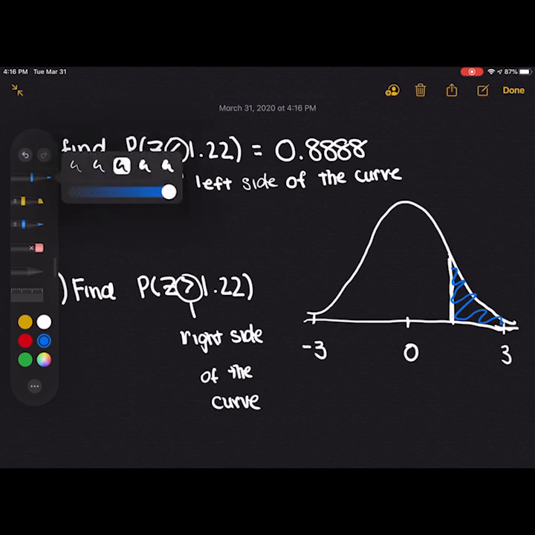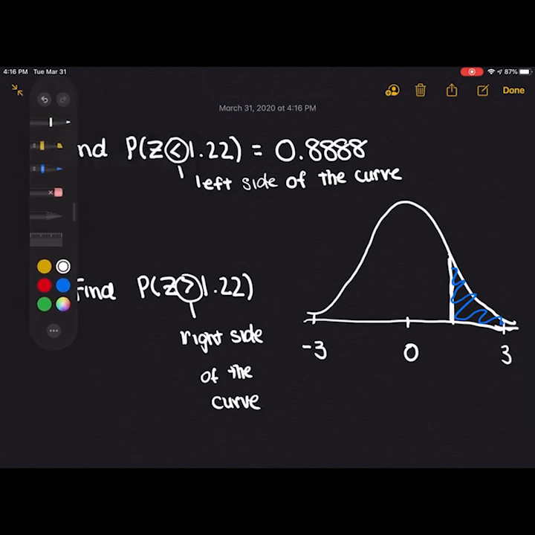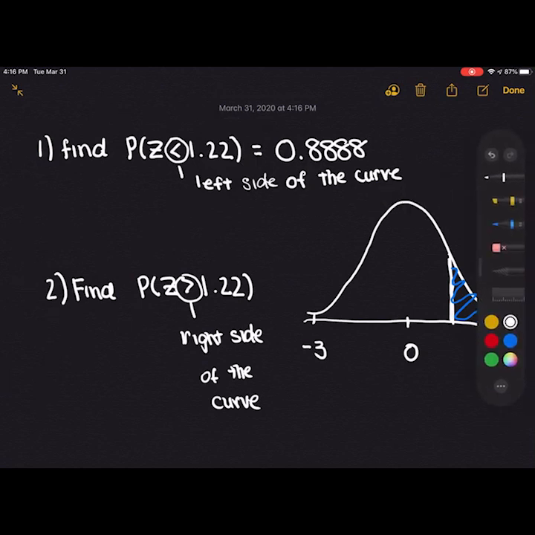Now the best way to think about this is, how do I find the right side of the curve? The best way is to take the whole graph, which is always going to be equal to 1, and then subtract whatever is on the left side of the curve.